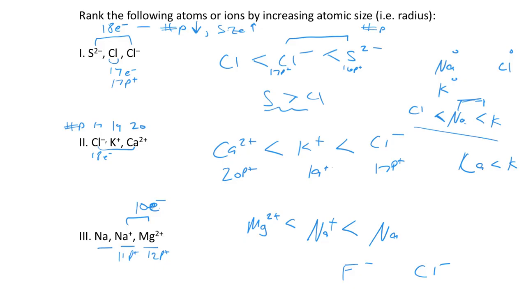Comparing 10 electrons to 18 electrons, it shouldn't be too tricky to see that it's the same reason that fluorine is smaller than chlorine, so fluoride is smaller than chloride. It's the same basic top to bottom trend if you're comparing two ions to each other that are in different rows of the periodic table. The larger element is going to have the larger negative ion when comparing ions of the same charge. So we can compare those just like we compare F and Cl.